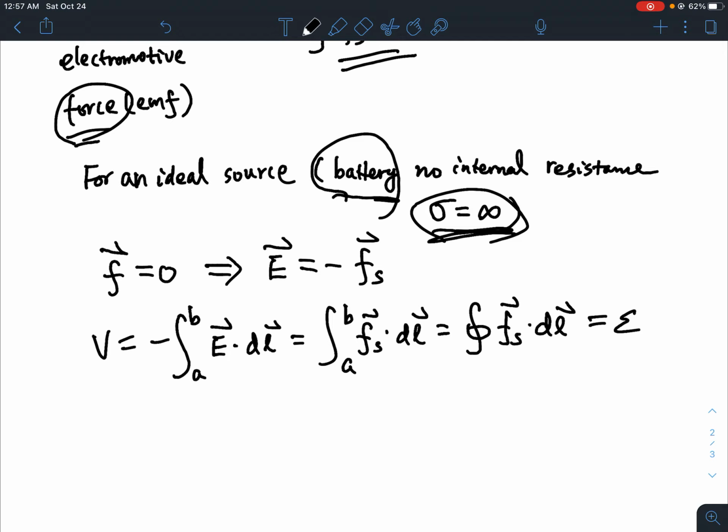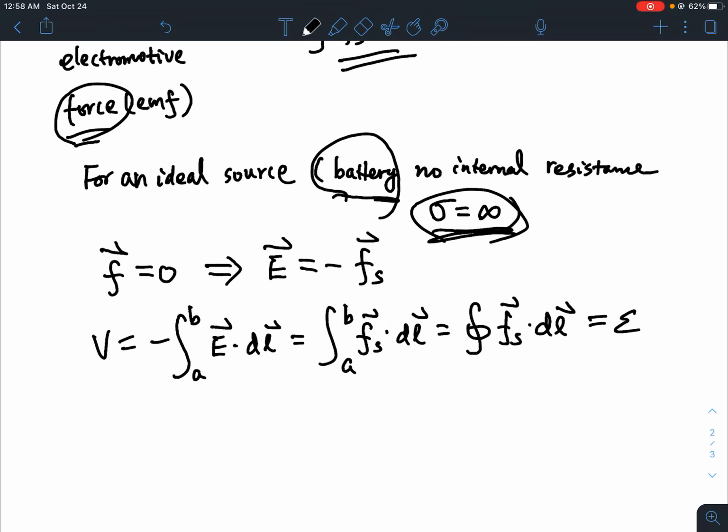And then inside the source, the force will make the charge flow opposite to the direction of current flow in the circuit. So that is what happens for a battery.